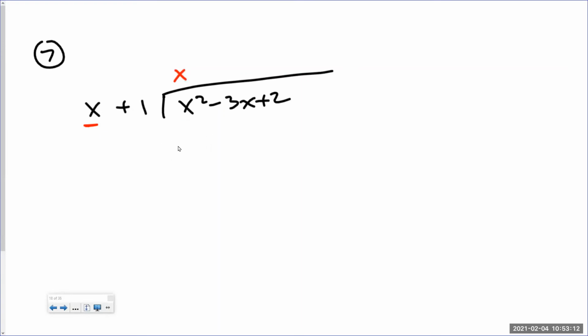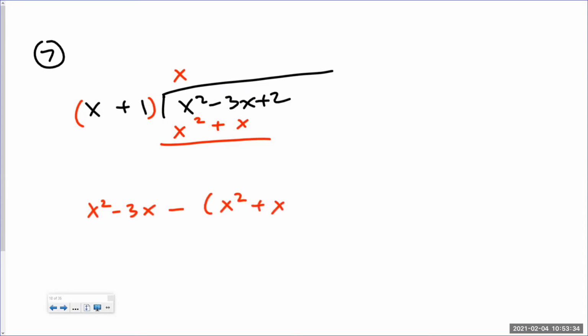Then you have to look at the whole thing. You have to say x times this whole x plus 1 is what? So you have to distribute. What's x times x plus 1? Now here's the terrible part. You have to subtract. Now look what we have to subtract. It's x squared minus 3x, so that's the top. And you have to subtract this quantity, x squared plus x.